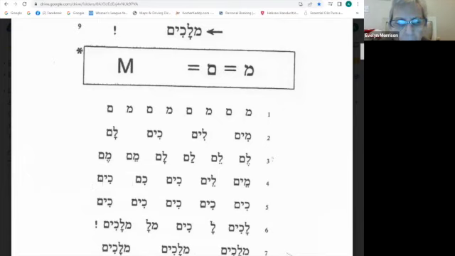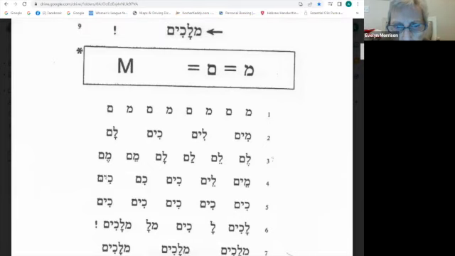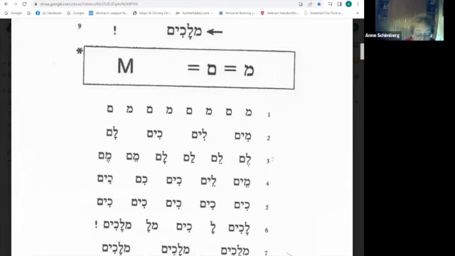So that yud doesn't really make a difference. Some people will tell you yes, but honestly, when you're reading and you say theme, you're saying theme. There's lots of words that they add a yod, and you don't hear anything.